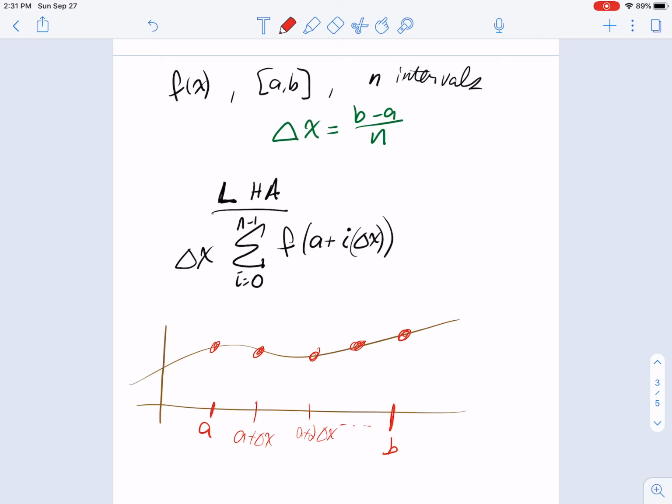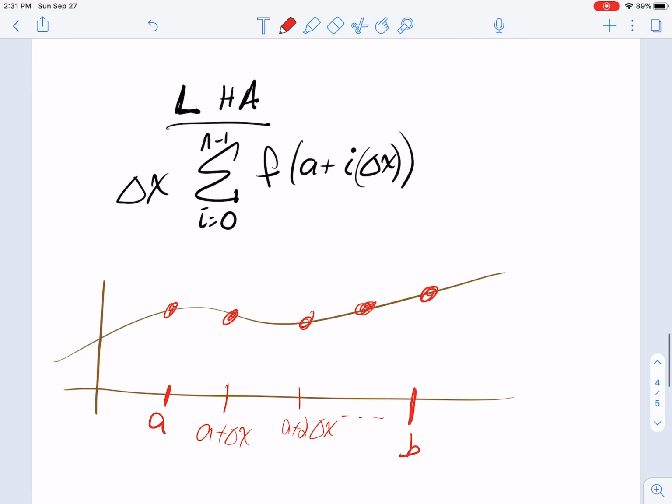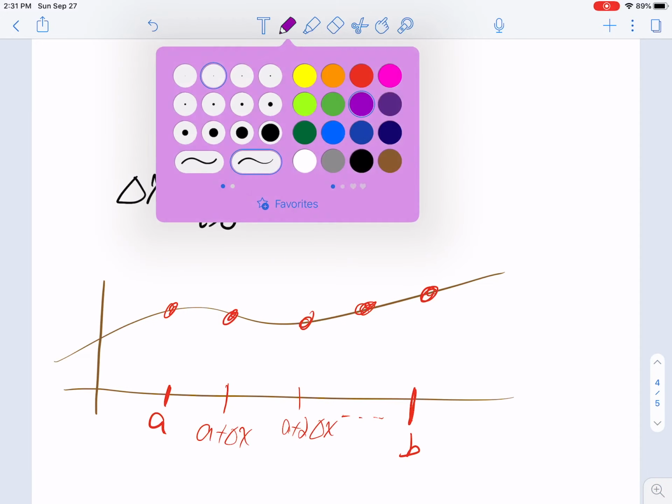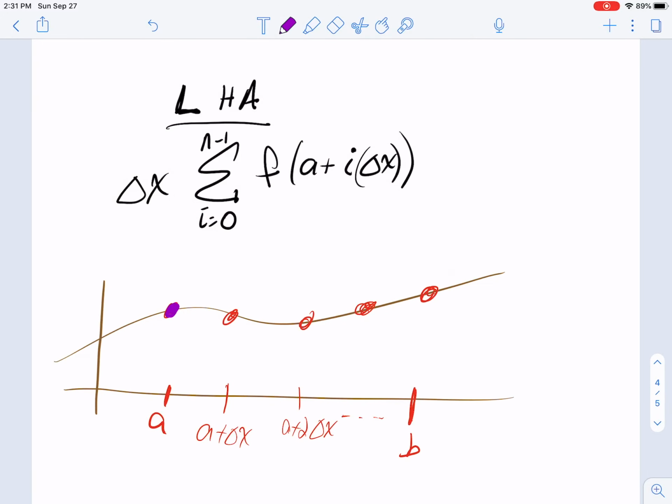And if you remember, what did we figure out? If we're doing a left-hand approximation, we start on the left side, and we start making our rectangles. Then this last guy before b, we want n intervals.